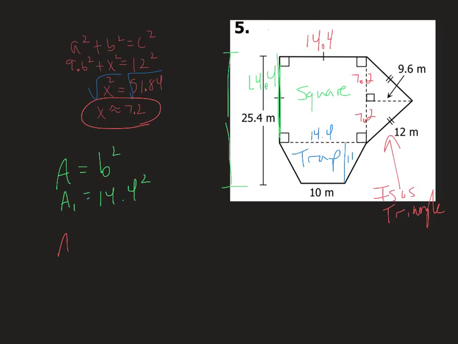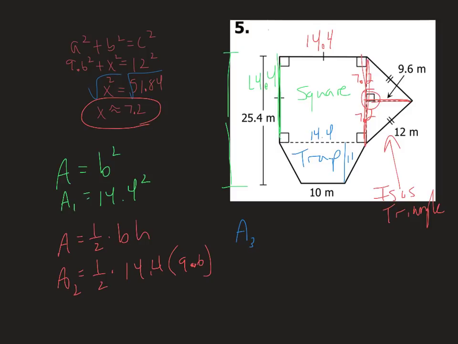For the triangle, area is equal to 1/2 times base times height, and that's going to be 1/2 times the base, this whole length, so that's 14.4, times the height from the base at 90 degrees, always look for that 90-degree piece, times 9.6. I just don't want to get the decimals messed up there. It's already a little bit too sloppy, but you get the point. So that's going to be area sub 2.